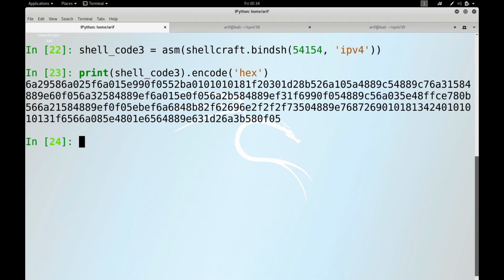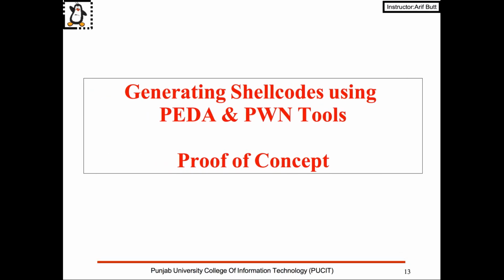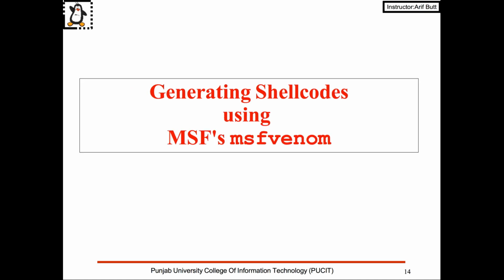And meanwhile, let me fall back to slides again. Okay, so this is the last way of generating shellcodes that we are going to discuss today, and that is Metasploit Framework's msfvenom module.